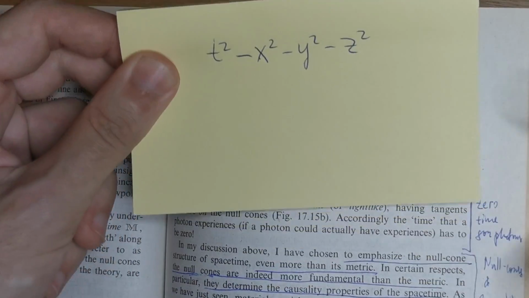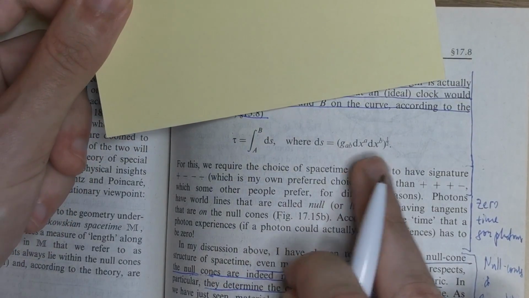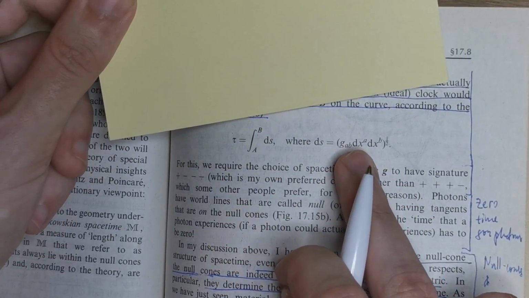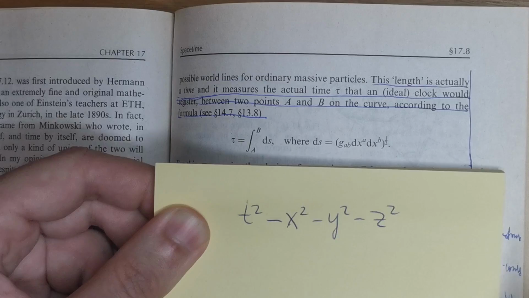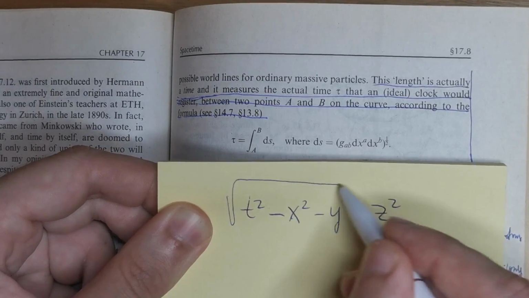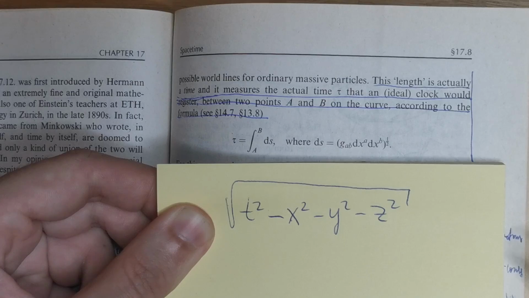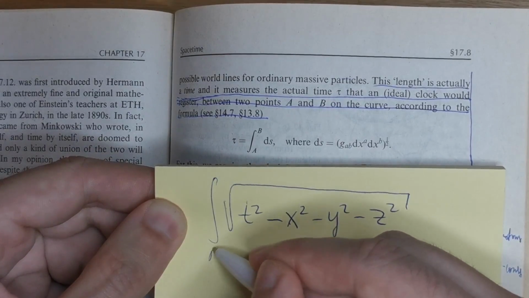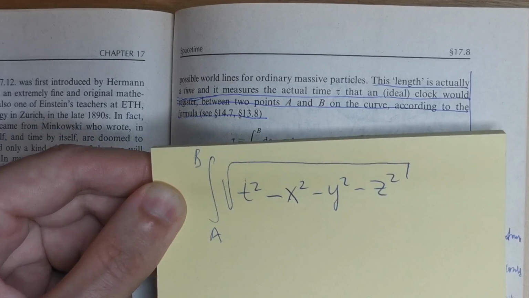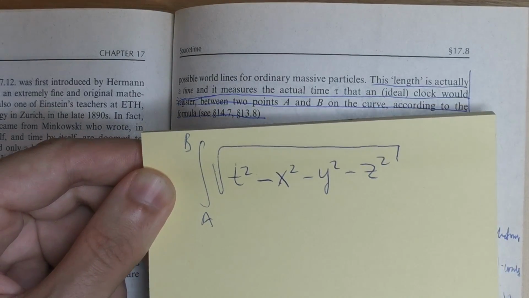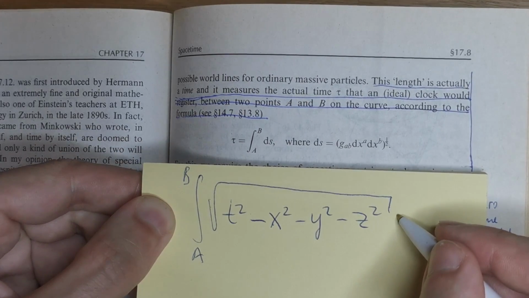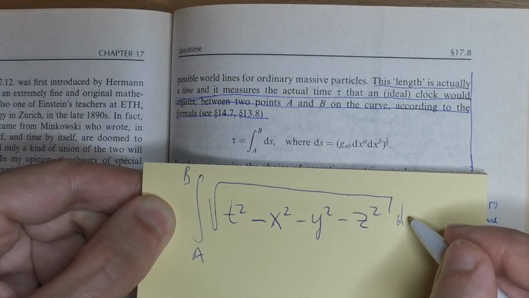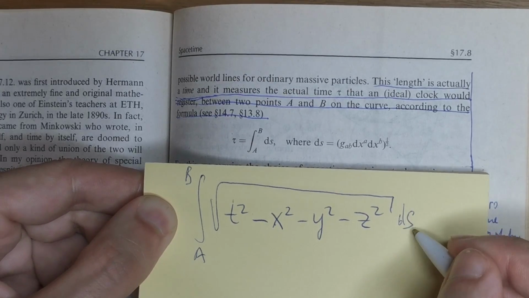It will be equal to this thing here, our modified Pythagorean theorem, and you take the square root of this and take the integral from a to b, where a and b are two points in space-time, and it will have a ds, probably.